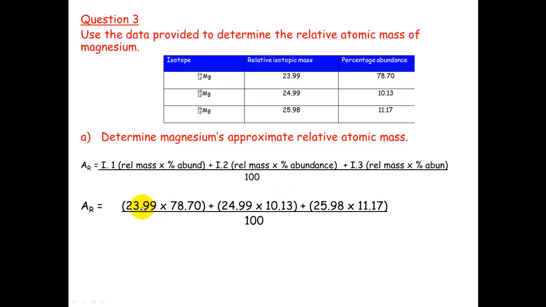So isotope 1 is 23.9 times 78.7, plus isotope 2, 24.99, times its abundance, which is 10.13. Isotope 3 is 25.98, multiplied by 11.17. All of that divided by 100. Again, remember to work out your multiplication in brackets first, and you'll get an answer of 24.31.